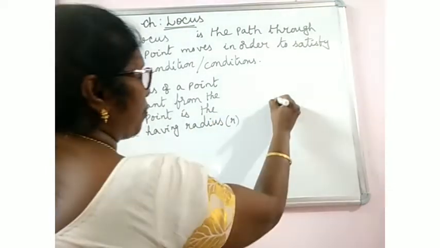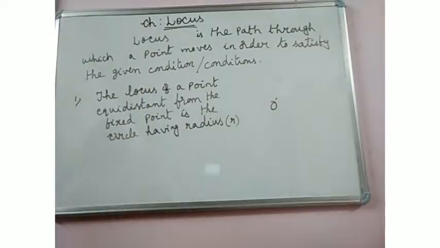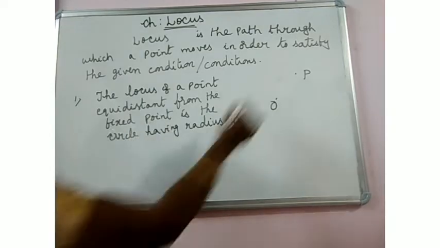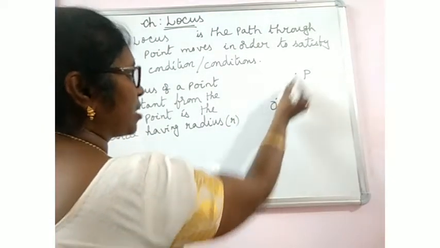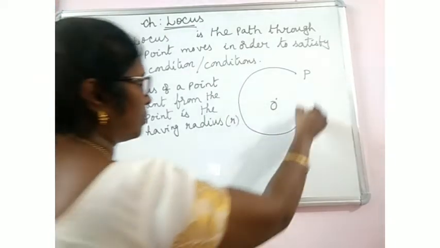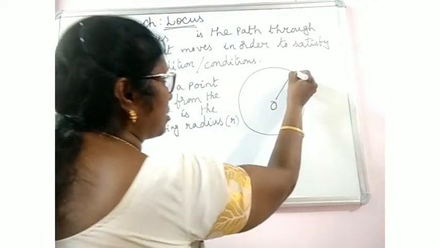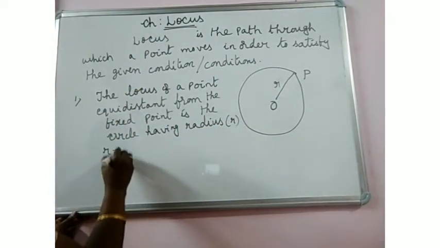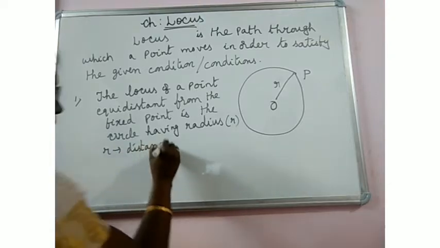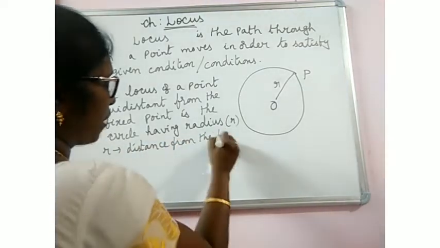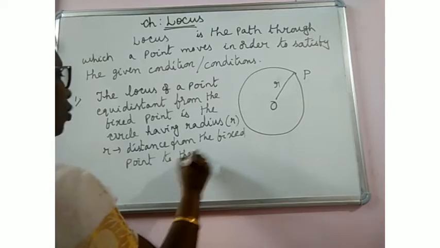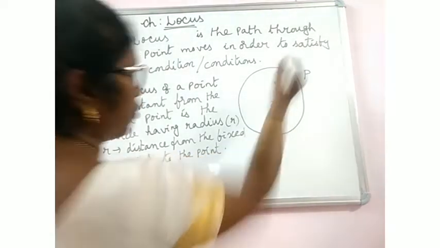Suppose O is the fixed point. What is the locus of a point P which is equidistant from this O? That means it is a circle having radius r units, that is, radius is the distance from the fixed point to that point. To the point means the locus of which point we are going to find.